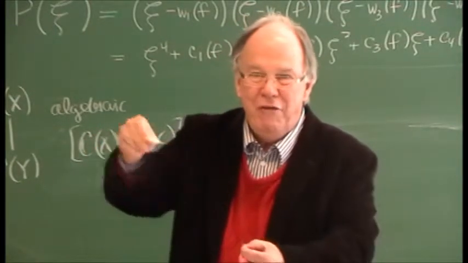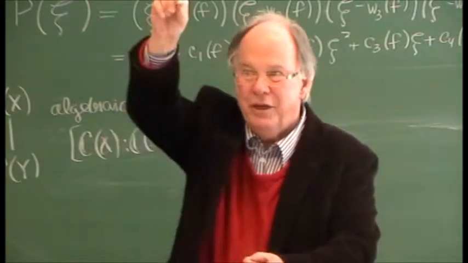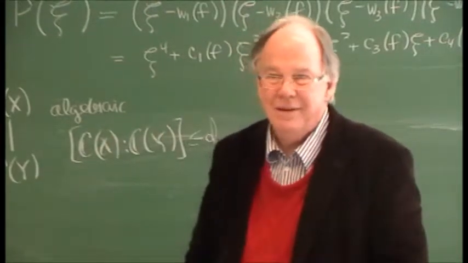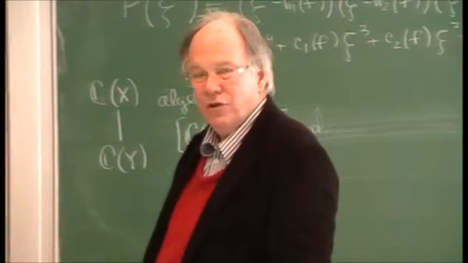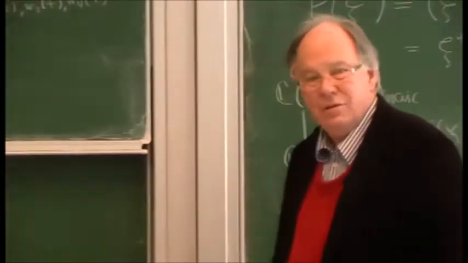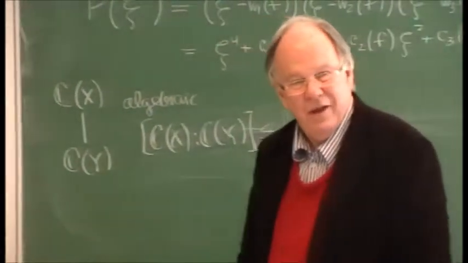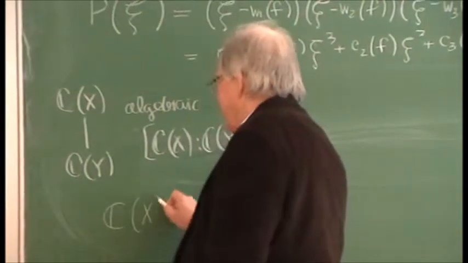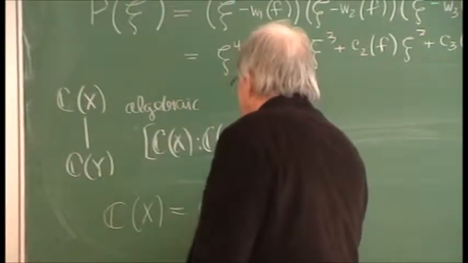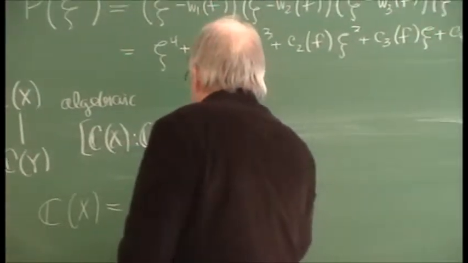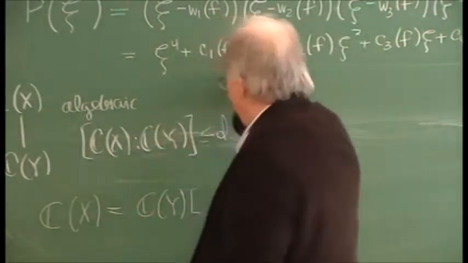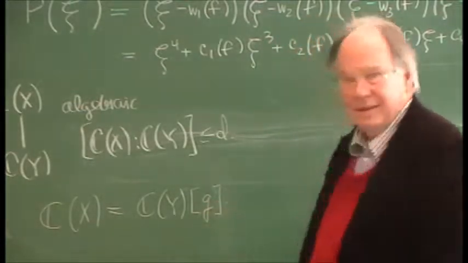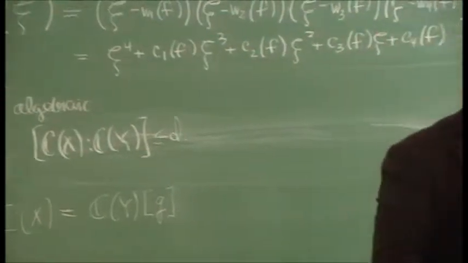But you know the degree formula because it says the degree of the big extension is the product of the degrees in between. So, and you can fool around and there are all sorts of abracadabras, with primitive element and all of this stuff, but it says that C of x is C of y extended by a certain function. I shouldn't call it f because it might not be f. Let me call it g. Yeah? Maximal degree.